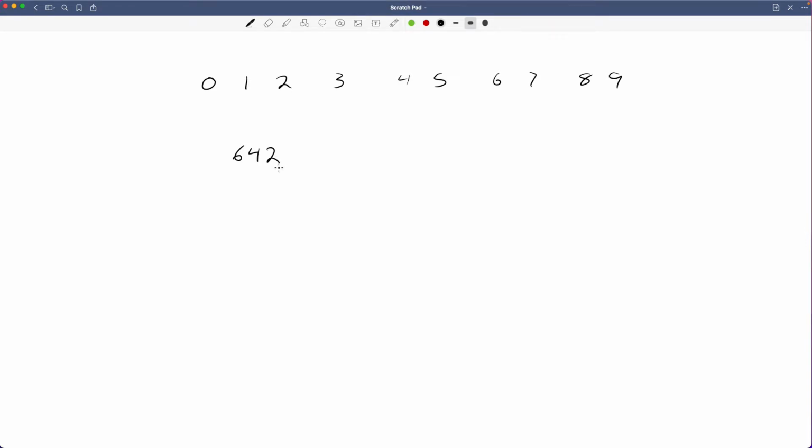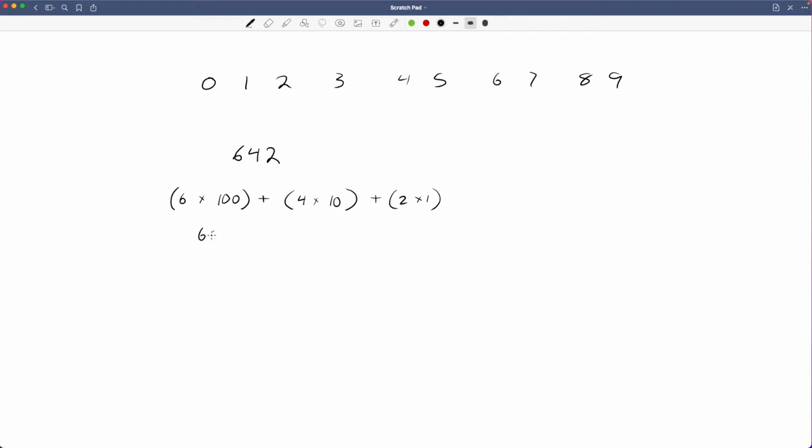And we can write that value in something called expanded notation by multiplying that number by the place that it represents. So what that means is I would write 6 times 100 because 6 is in the 100s place, and I would add that to 4 times 10 because 4 is in the tens place, and I would add that to 2 times 1 because the 2 is in the ones place.